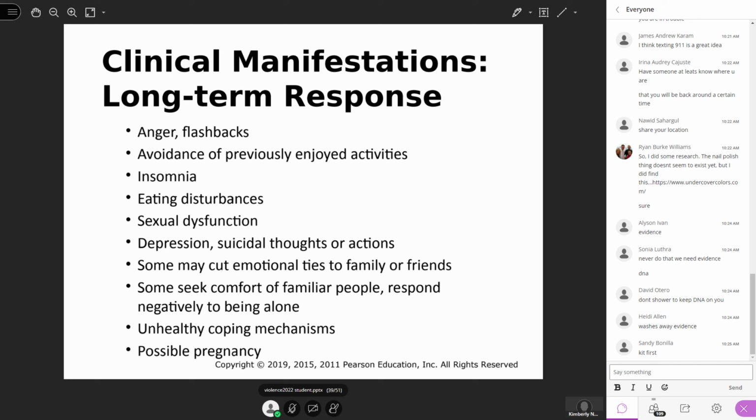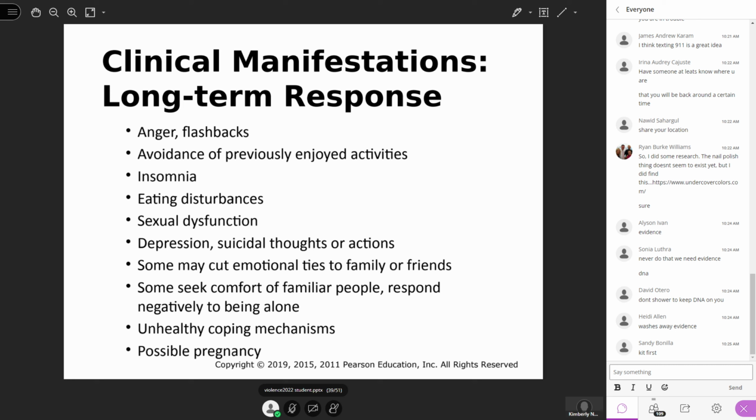With this one, what is the long-term response? This is where you're going to see PTSD, and you are going to talk about PTSD in greater detail in the future. Anger, flashbacks, lack of interest in things they previously found enjoyable. Sounds like depression, right?